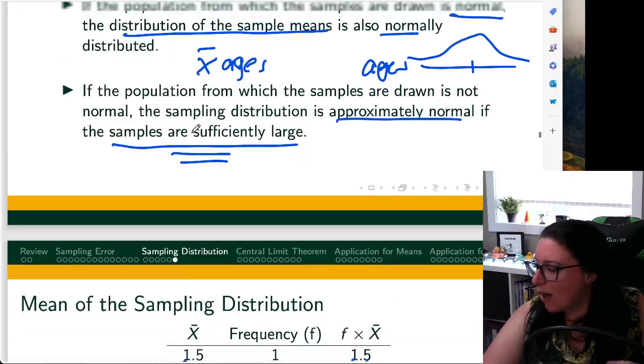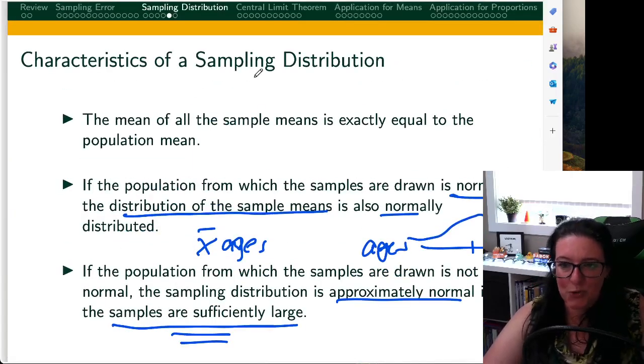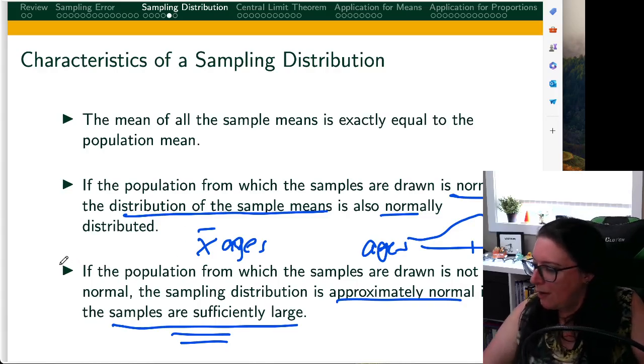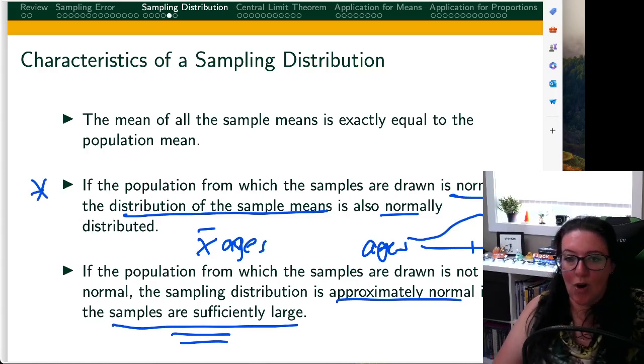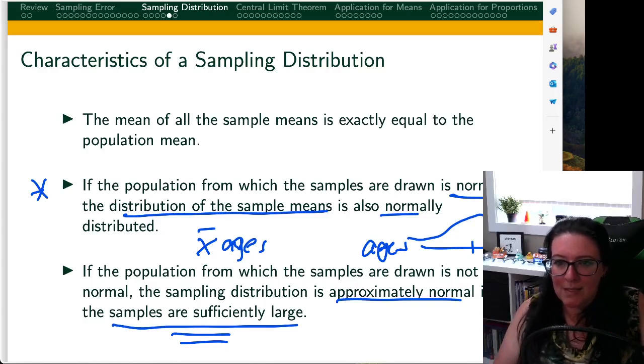So we had just talked about that when it comes to a sampling distribution, if the population from which the sample is drawn, so if the ages have a normal distribution, then the distribution of the sample means, so the average ages, will also have a normal distribution.